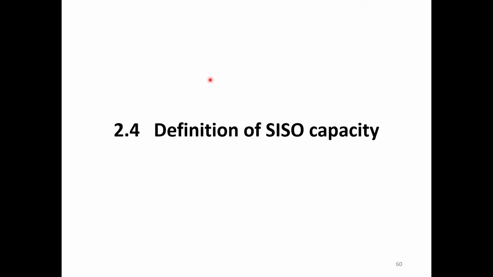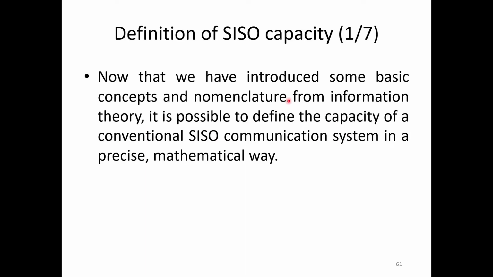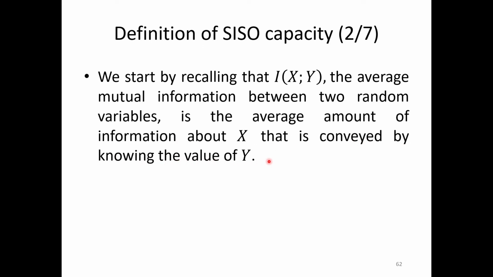Next, let us see section 2.4, definition of SISO capacity. Now that we have introduced some basic concepts and nomenclature from information theory, it is possible to define the capacity of a conventional SISO communication system in a precise mathematical way.